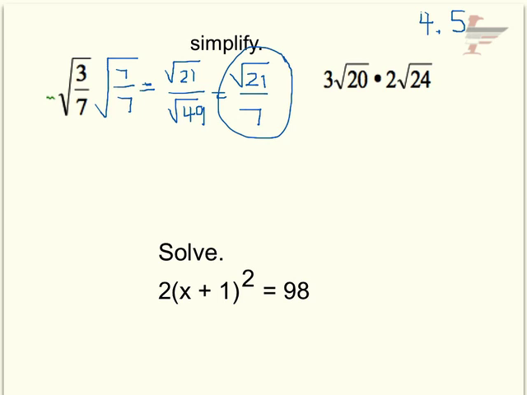The second one, you could multiply the whole numbers together and multiply the numbers in the radical together, but that's going to create a larger radical, so I would reduce these individually first, personally. It doesn't matter which route you take. So the square root of 20, of course, is 5 times 4. And the square root of 24 is 4 times 6.